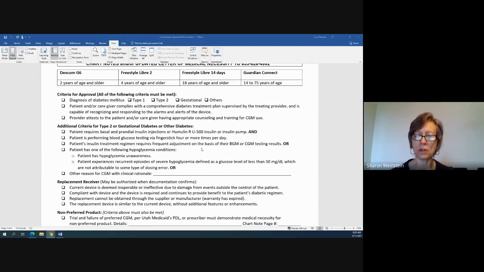That's not our focus in this committee, but I do think we want to know: is it a clinical judgment? Is it some stability of their management to the point where now this is going to be a very important tool to improve their clinical outcome and quality of life, and both of those things can be tracked. But again, we're not putting that kind of documentation on other sorts of disease states. So I share the concerns, but I don't know how much more we can put into this.